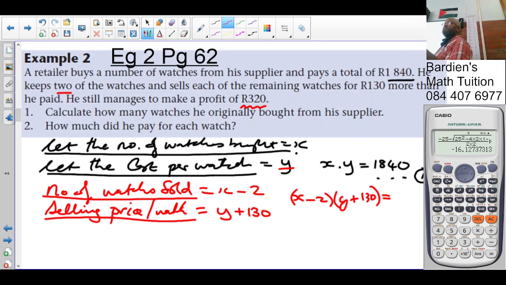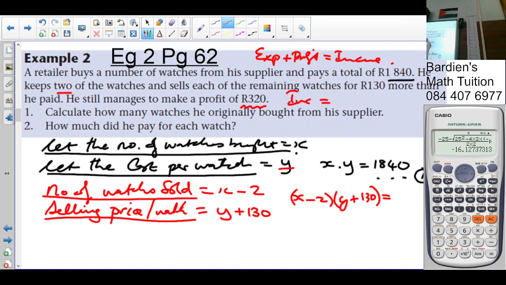Your expenses plus your profit equals your income. Or your expenses equals your income minus your profit. Your profit is equal to your income minus expenditure. You remember it like this.